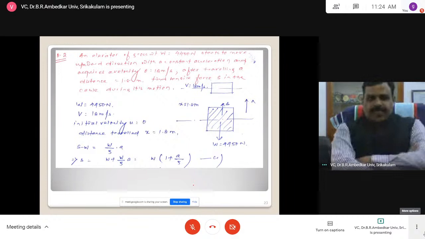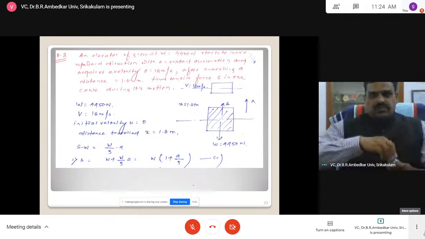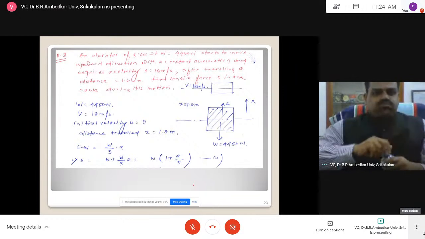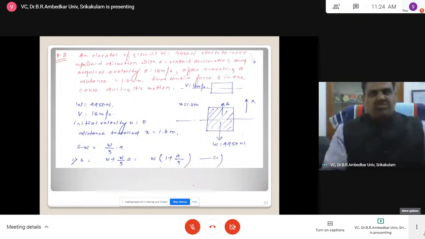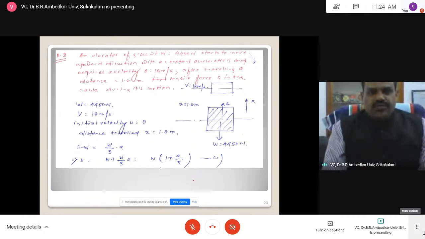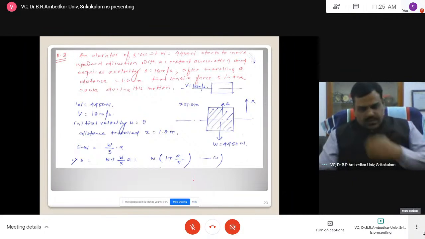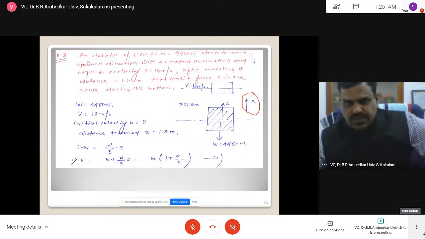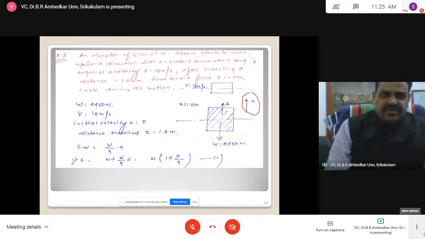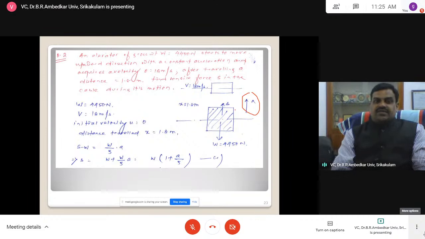Now note another problem. An elevator of gross weight W of 4,450 newtons starts to move in the upward direction with a constant acceleration upward and acquires a velocity v equal to 18 meters per second after traveling a distance of 1.8 meter.